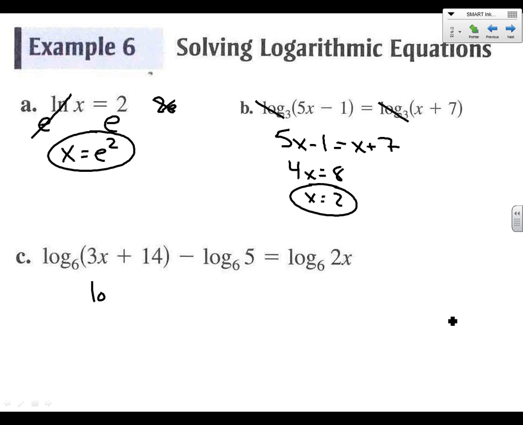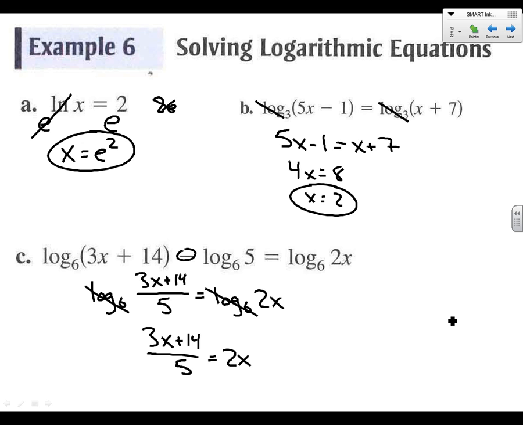We can put this minus together as a single log base 6, 3x plus 14 divided by 5. Condense them together. Equals log 6 of 2x. And now what do we get to do with the log 6's? One-to-one function. And from here on it's simple algebra.